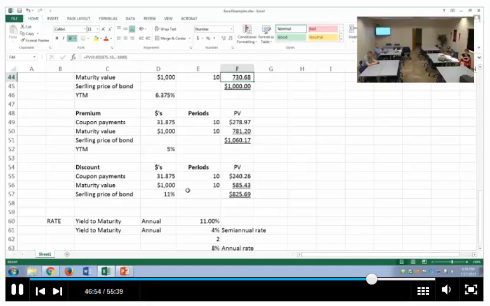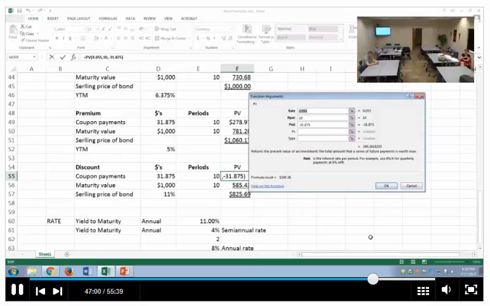And once again, if you put the cursor over the 240, again, the argument it's looking for is the semi-annual rate. This is very important. What drives the bus here is the yield to maturity. The coupon payment stays the same, but what drives the bus, this rate that you're putting in, is the yield to maturity.